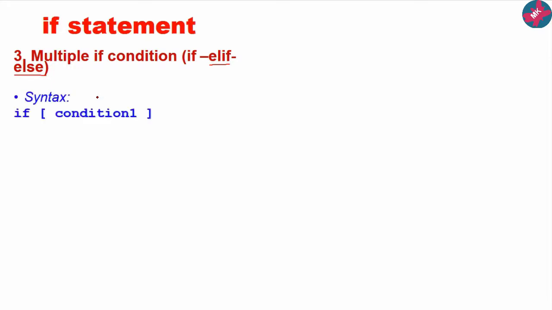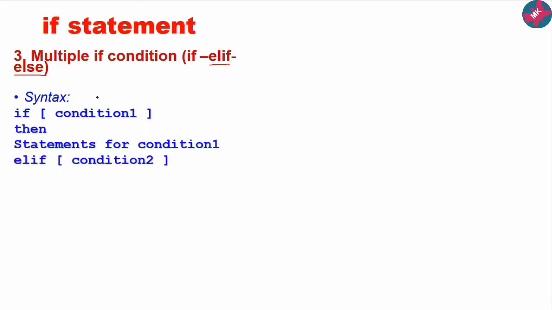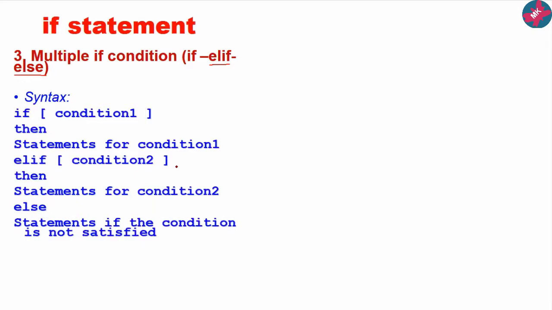If some condition 1, then some statements, elif, then second condition, then statements for the second condition, and finally else, then whatever statements you want to be executed, and finally terminated with fi. So this is how the structure of if, elif, else is used. In this way you can repeat these elif statements multiple times.